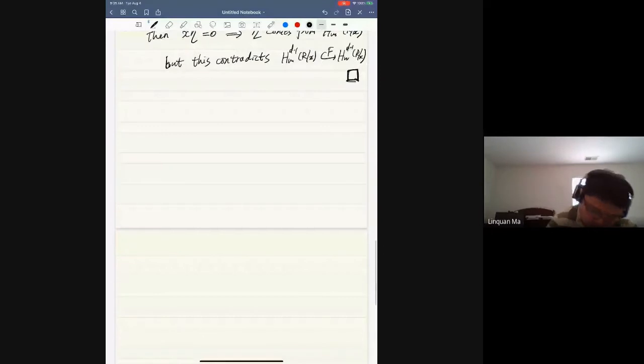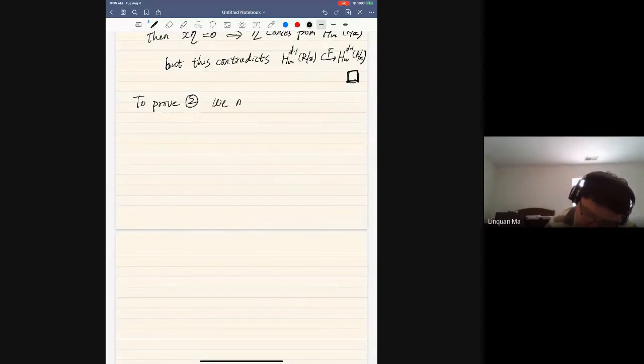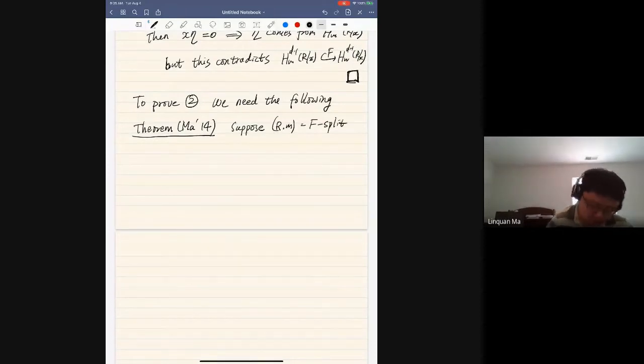Okay, so now let's see any questions. So to prove 2, we need the following result. This is proved in part of my thesis. Suppose this R is F-split, right?